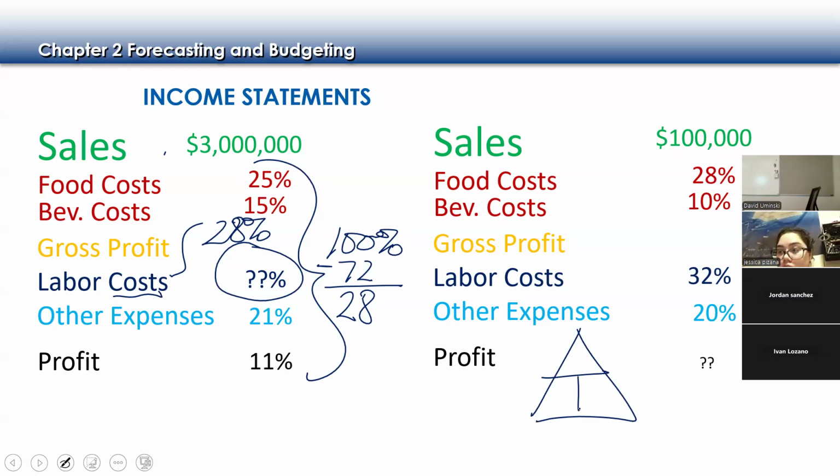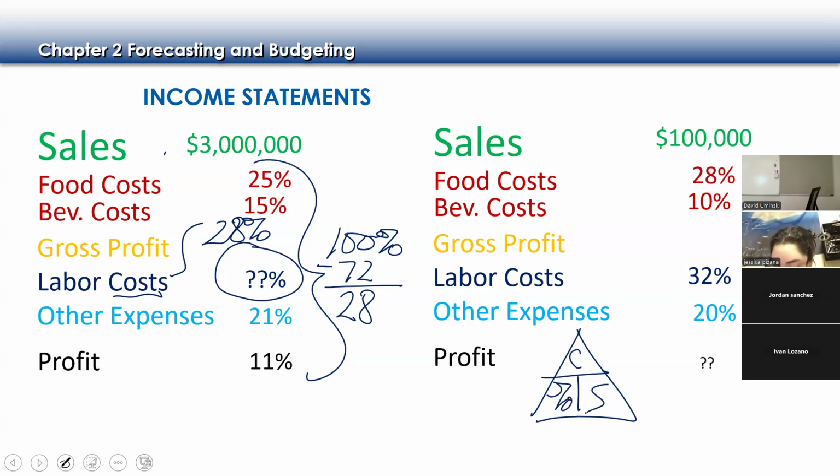I know that we have talked about the triangle from the context of food costs, okay? But the triangle will apply to any costs. We're just going to be looking at labor cost instead of food. And so cost, percent, sales.